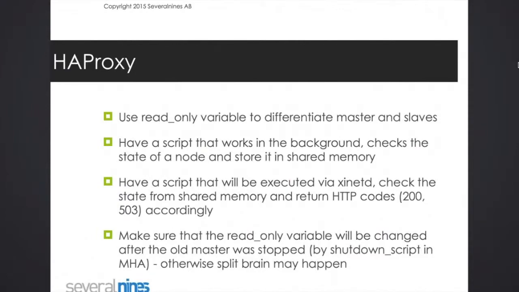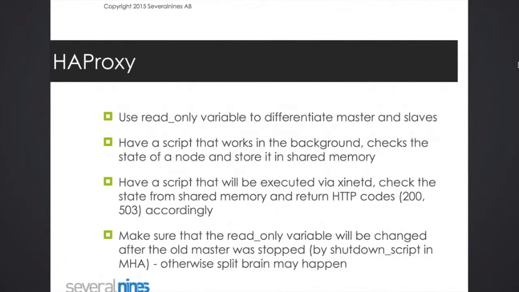What you can do is have a script working in the background on each database node that checks the state of the node and the state of the read-only variable, and stores the result in shared memory for quick access. Then you have another script executed as a service via xinetd, for example. xinetd listens on some port.